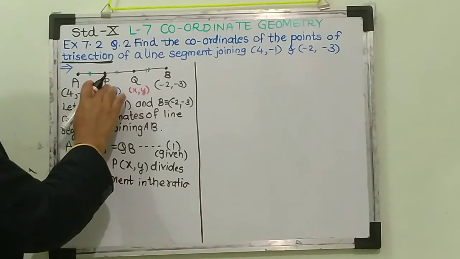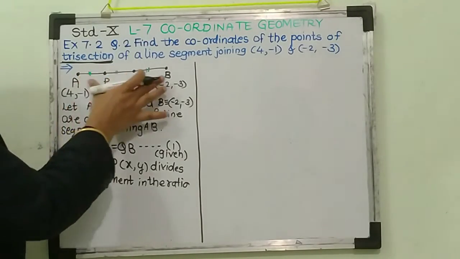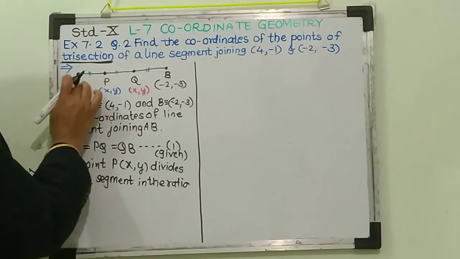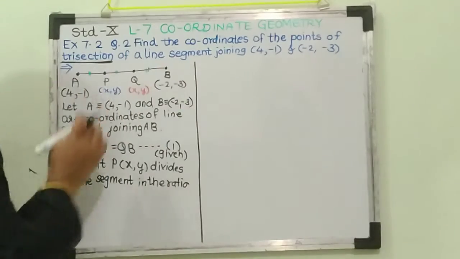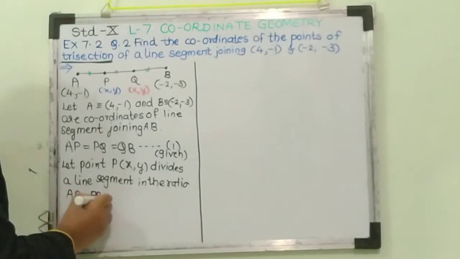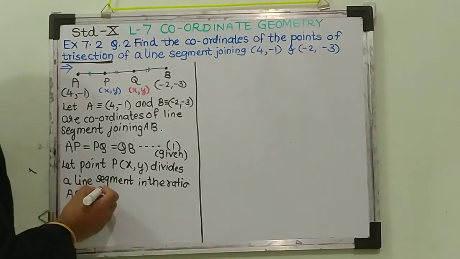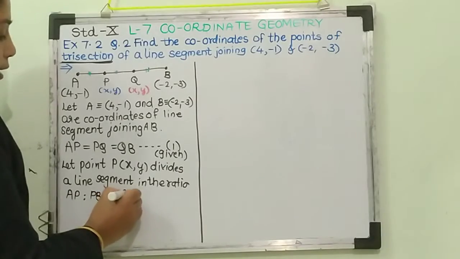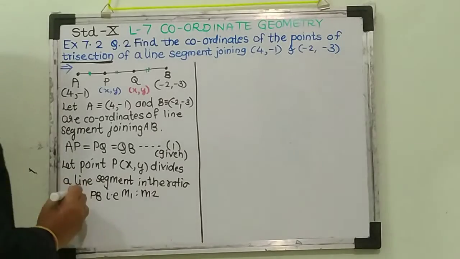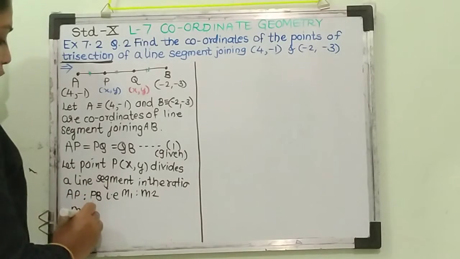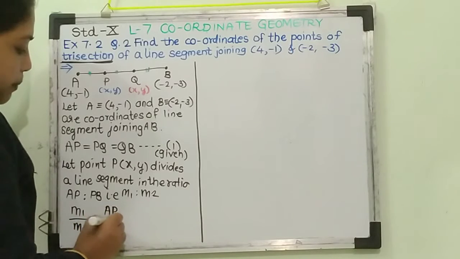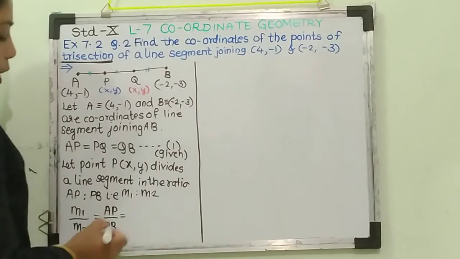See here, point P divides AB in the ratio AP as to PB. So we can say it is m1 as to m2. Correct. So m1 upon m2 equals AP upon PB.